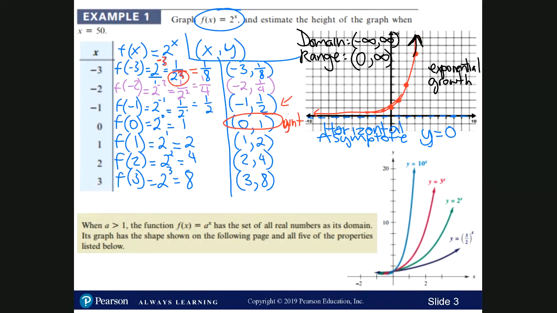We could try, and I believe there's a question here, 2 to the power 50, it says here. So to estimate 2 to the power 50, we could enter that on the calculator. And in fact, it's a very big number. Imagine the number 2 and multiply by itself 50 times.